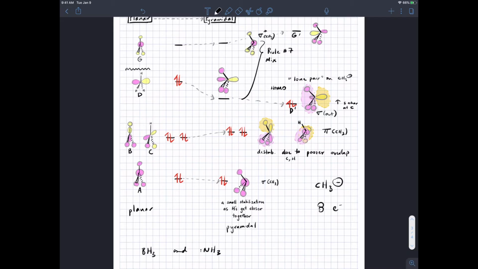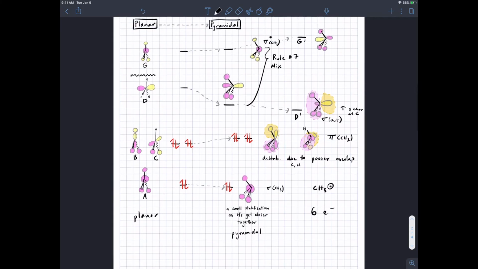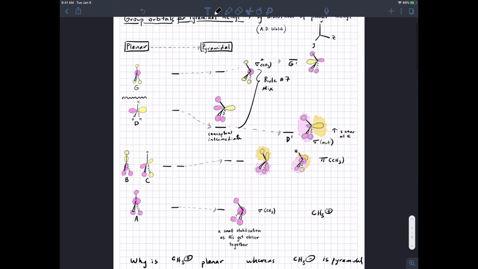Okay? Yeah? So if we did an MO diagram for CH4, it would just keep going down, and that's why CH4 is more stable than CH3. If we were to do an MO diagram, we could try to make methane by mixing these 4 orbitals with a 1s on hydrogen.